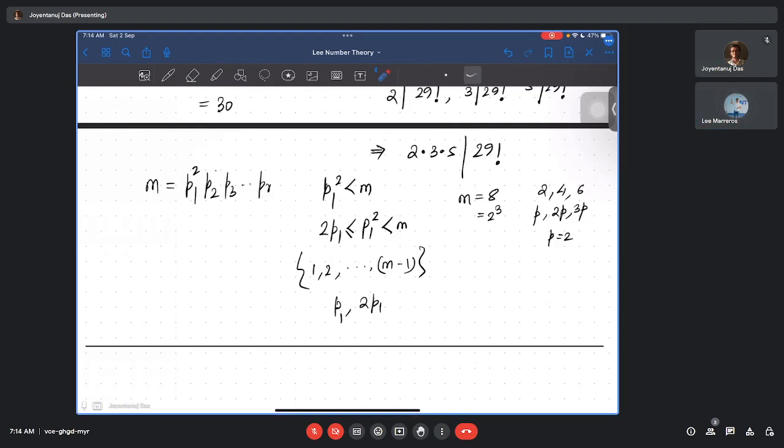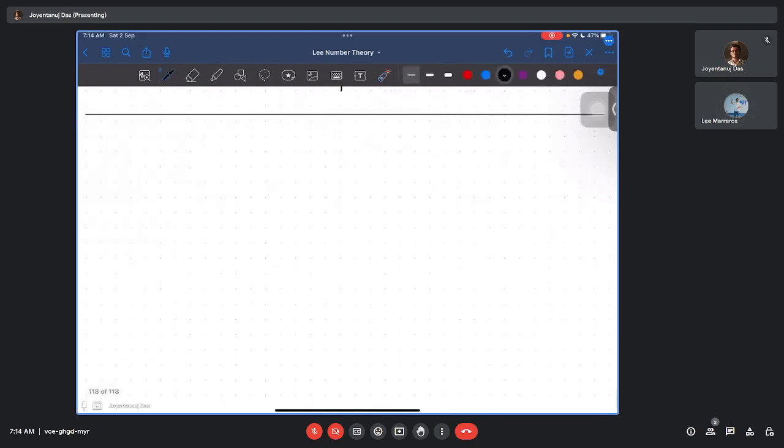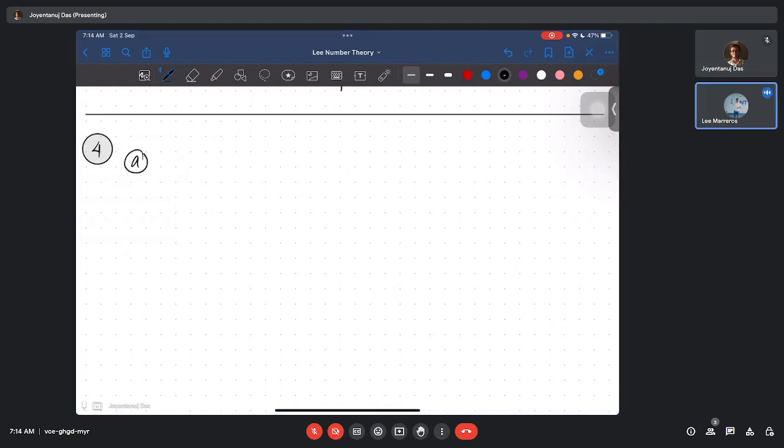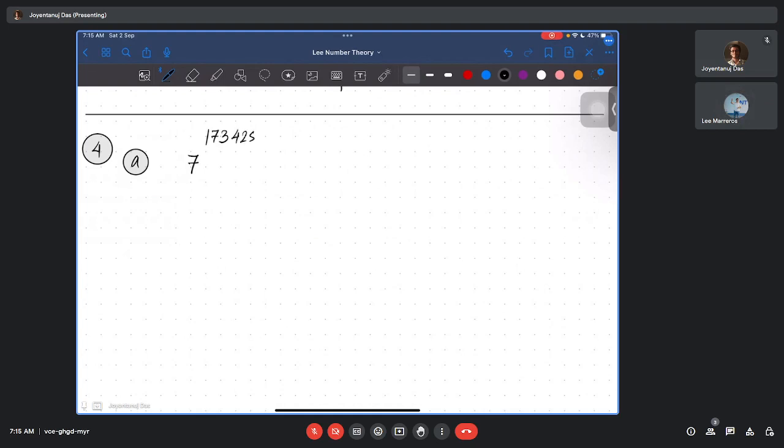So the next one is part A. 7 to the power 1734250 is given to be congruent to 1660565.